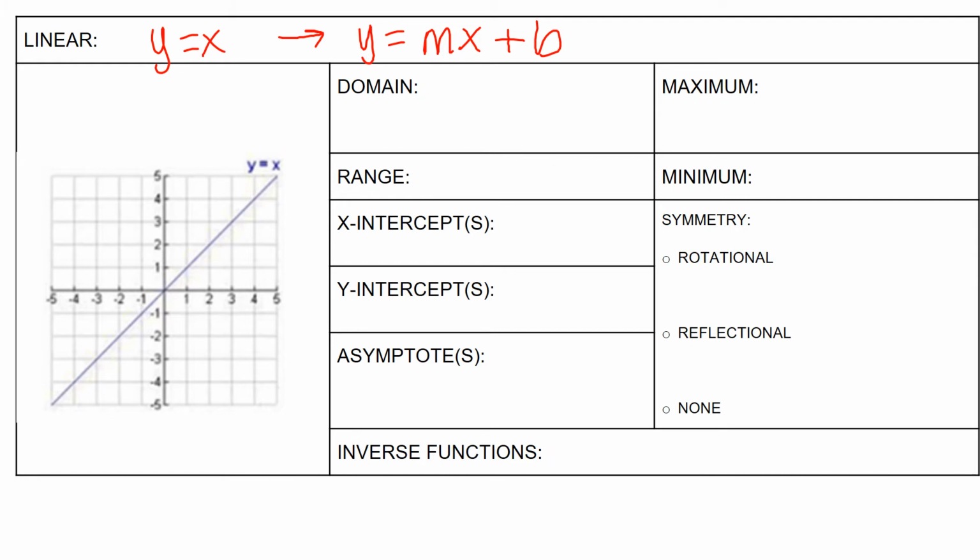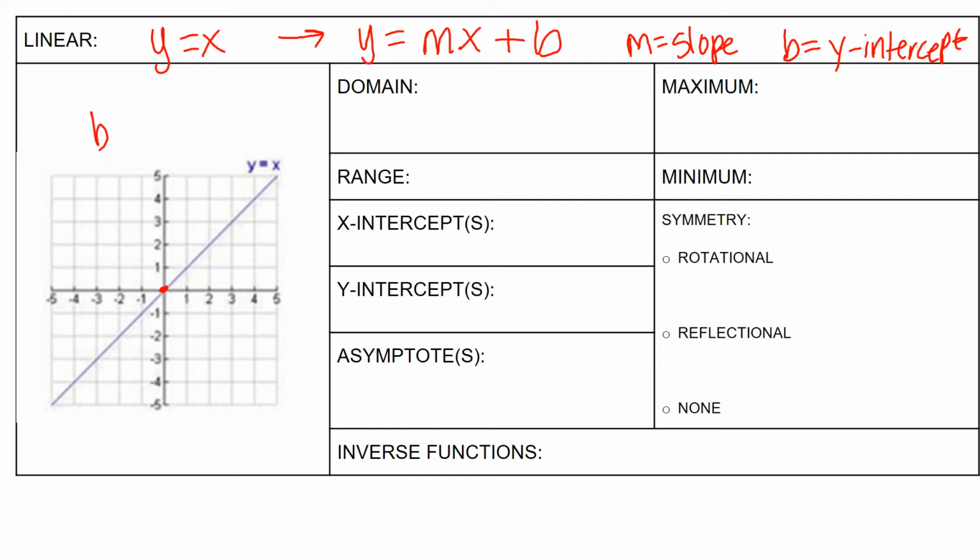So if you write it in y equals mx plus b, remember your m is your what? Slope. M equals my slope, and b equals my y-intercept. Squeeze it in there. Okay? So looking at this, the parent function goes through the origin.